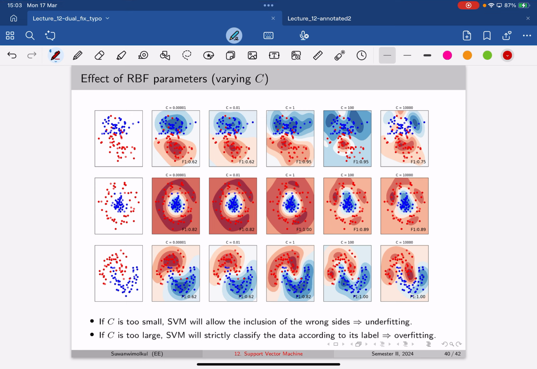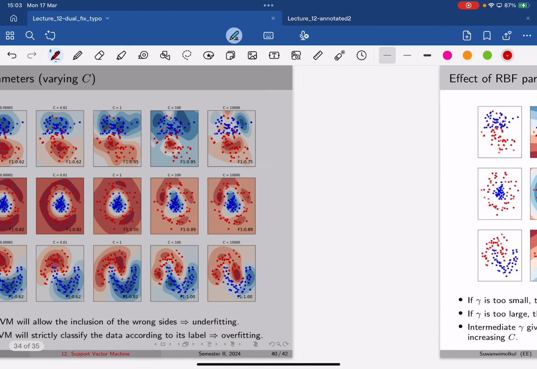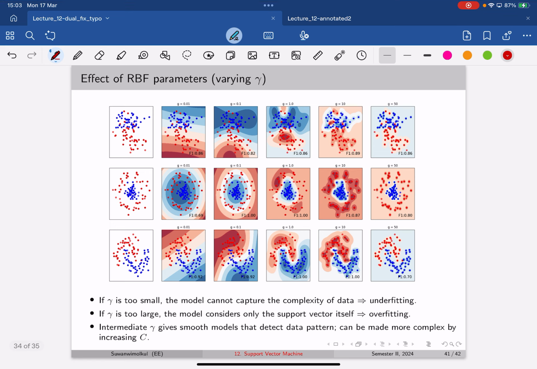You can look at this example. This one I tried to tune for the C value, this one is just varying C. This one is varying the gamma value in the radial basis function. Just as an example. Yeah, that's it for today.